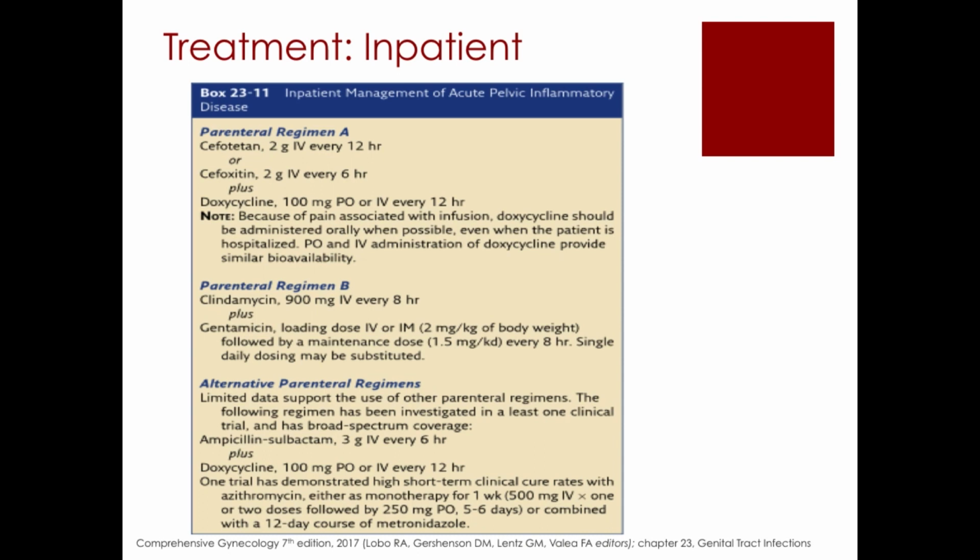And here is the regimen for the inpatient. So for the inpatient protocol, we have regimen A and regimen B. For regimen A, our choices would be cefotetan 2 grams IV every 12 hours or cefoxitin 2 grams IV every 6 hours plus doxycycline 100 milligrams PO or IV every 12 hours.